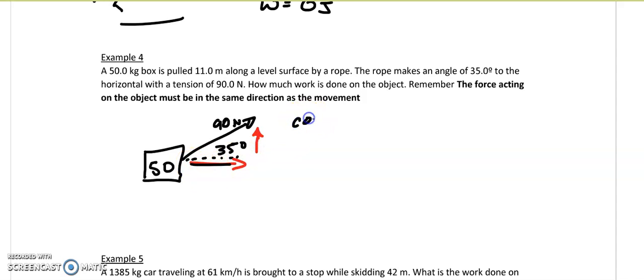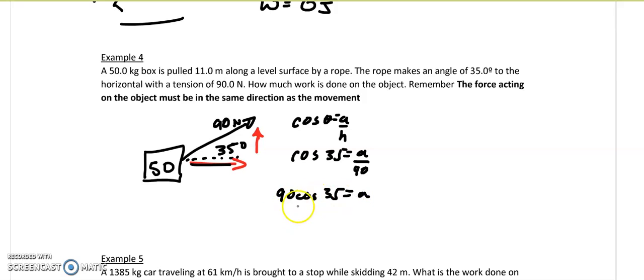So cos theta is equal to adjacent over hypotenuse, or cos 35 is equal to that adjacent over 90. So 90 cos 35 is equal to that amount of force that we're looking for, and you should wind up with 73.7 newtons in the adjacent direction.